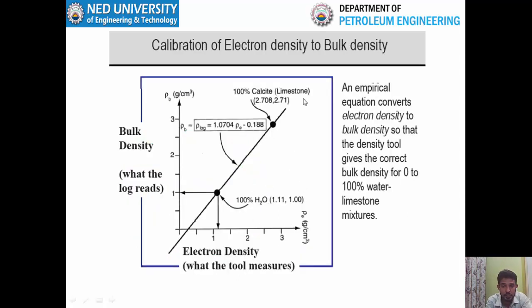So this is basically a relationship that converts the electron density as measured by the tool to the formation bulk density, and as mentioned over here, this empirical equation converts electron density to bulk density, so that the density tool gives the correct bulk density for a 0 to 100% water limestone mixture.